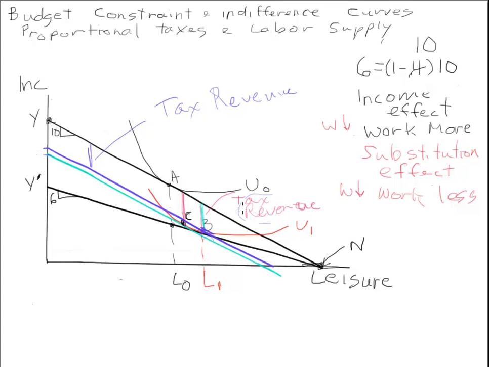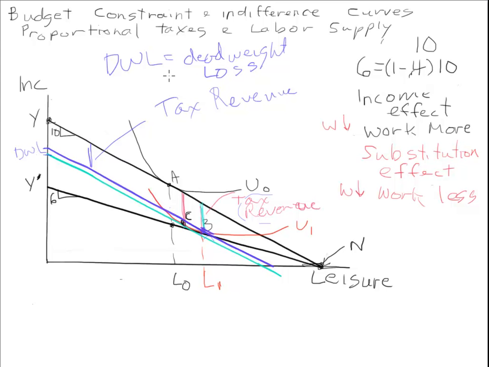Just like I did over here. It's the same vertical distance because that's how I drew it. I drew it with the same tax revenue. Well, this line over here is bigger. This put me on the same indifference curve. So the difference between these two lines is, we'll call it DWL. And DWL is equal to the deadweight loss.